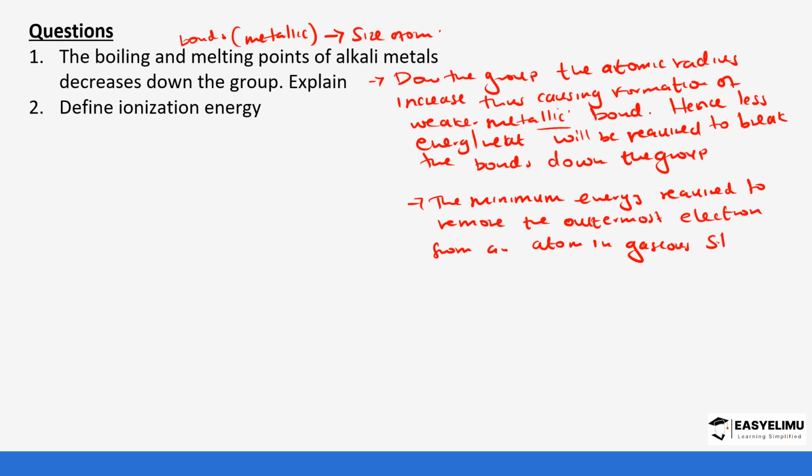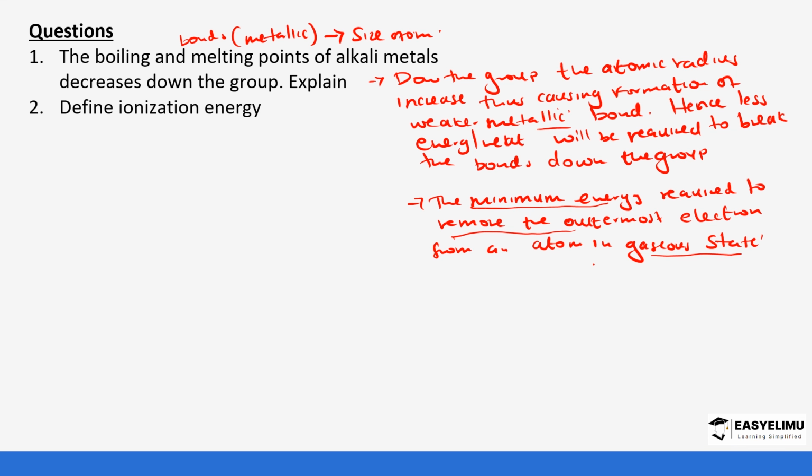So you can go ahead and say it's the minimum energy required to remove an electron from the outermost shell of an atom in gaseous state, but the minimum part must be there. The removal of the electron must be there, and it's in gaseous state.